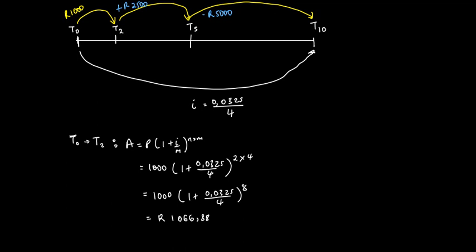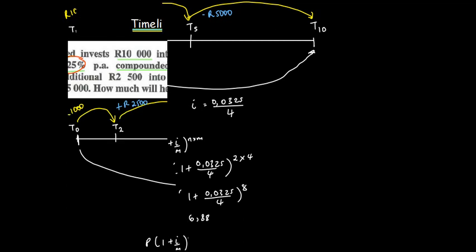Yes, ma'am, you have a question? The amount is not 1,000. The principal is not 1,000. Yes, sir, it's 10,000. Oh, 10,000. So sorry, good people. So actually, it is 10,000 there.